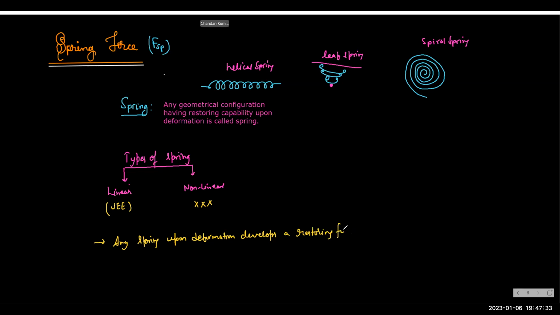So we call it a restoring force, which is kind of in opposition to deformation. Now, opposition to the deformation means if you try to pull, it will try to pull back. If you try to push, it will try to push back. So whatever you do, it will oppose. That's why it's called the opposition to deformation.